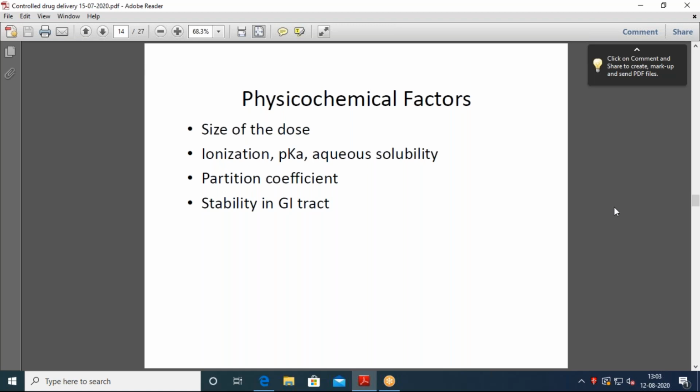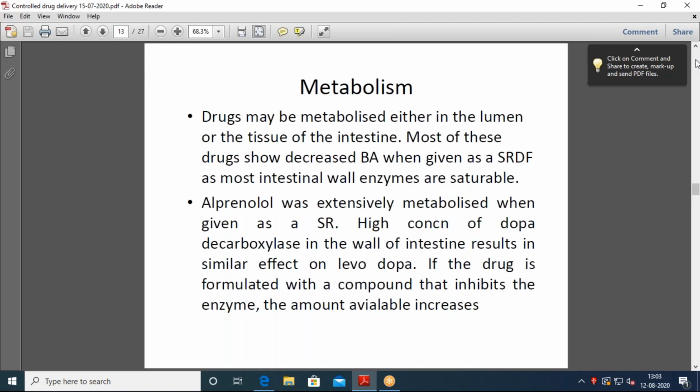So last class, I think, the last factor we discussed was metabolism. Drugs which are extensively metabolized may not be a good candidate for sustained release. That's what I was telling you. I gave you the example of certain drugs which undergo extensive metabolism in the wall of the intestine.